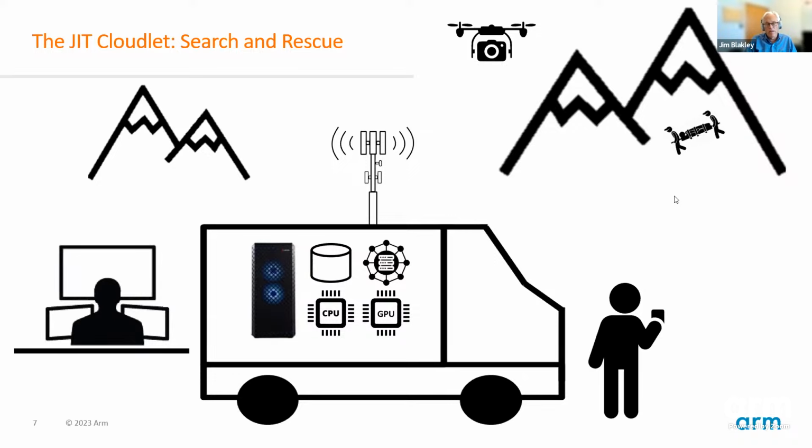This could be very well a situation where there's no connectivity, no mobile network coverage in the area, no backhaul from the area to the cloud, and no local computing resources. You have to haul it all up with you.